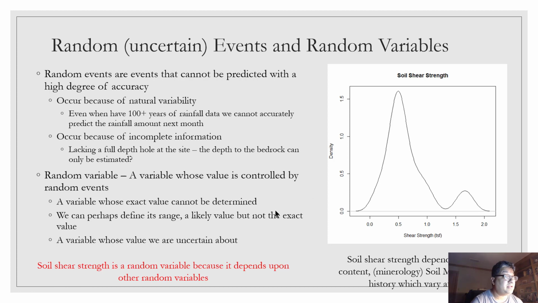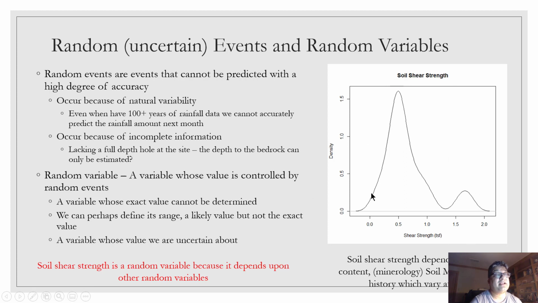So the soil shear strength is a random variable because it depends on other random variables such as clay content, which varies in the site, soil moisture, the loading history on the site, all of which change the soil shear strength. Which in turn tells you that I can't predict this soil shear strength with a great deal of certainty, but I can certainly describe what the likely range of values is, what the most likely value is, and things like that.